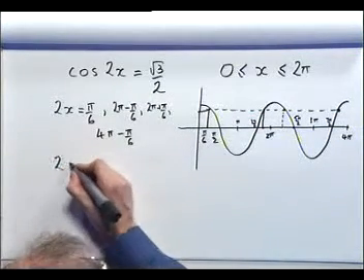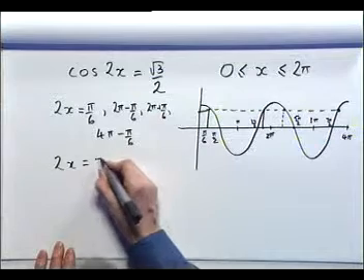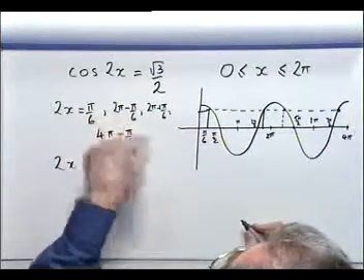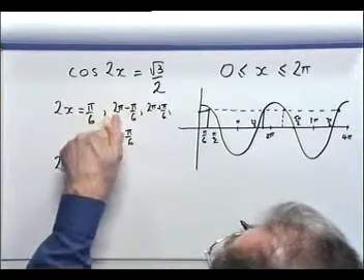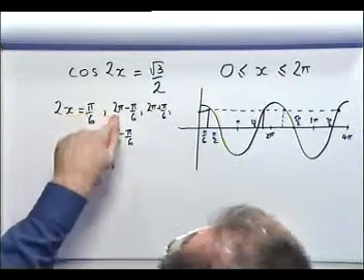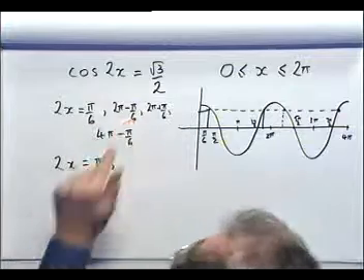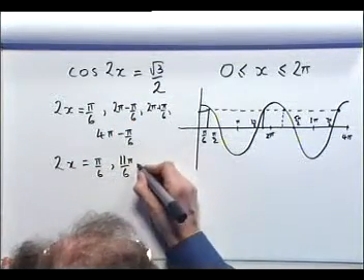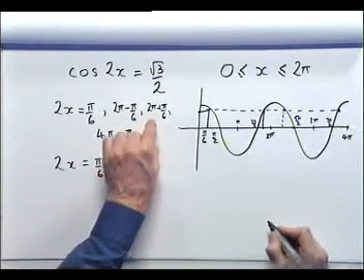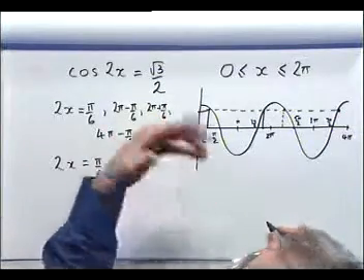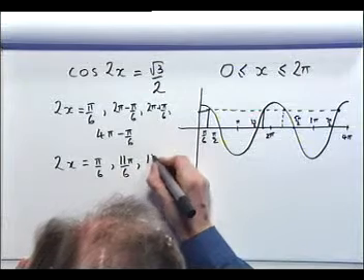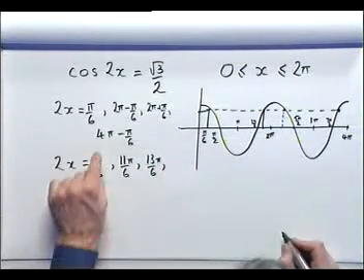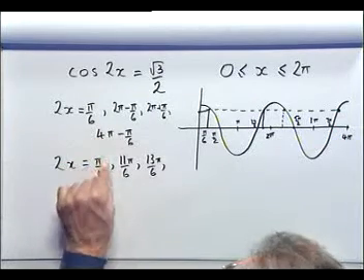So let's do that arithmetic. 2x is pi by 6. Now, how many sixths are there in 2? Well, the answer is there are 12 of them, and we're going to take one of them away. So that's 11 pi by 6. We're going to now add a sixth on. So that's 13 pi by 6. How many sixths are there in 4?